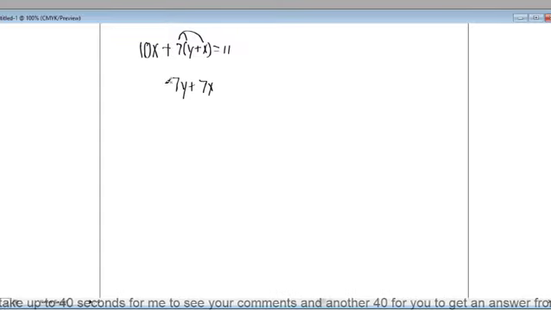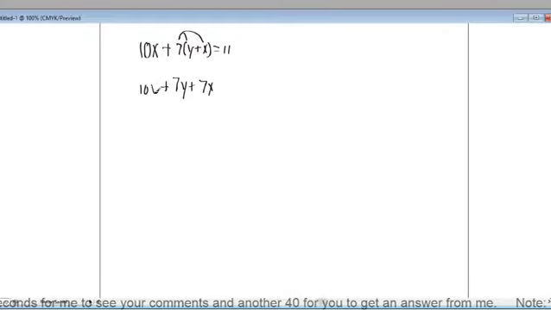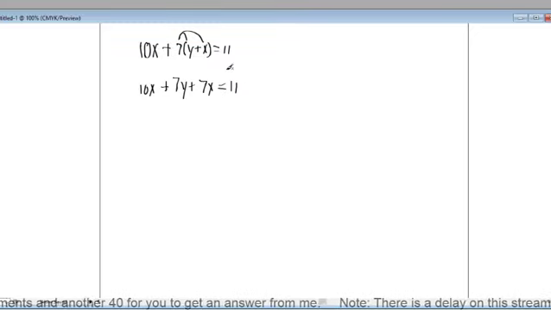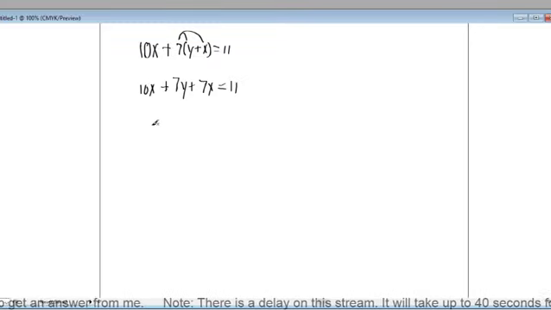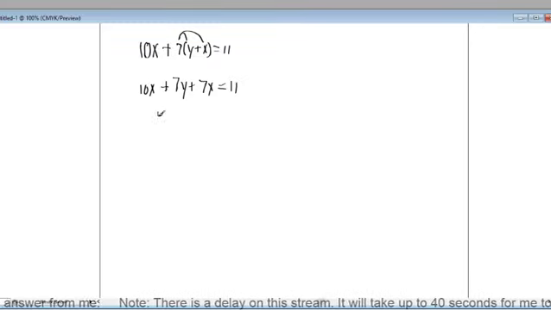Then drop down the rest of our numbers. Okay. And now we need to combine any like terms we may have, which we do. We have 10x and 7x. It's going to give us 17x.